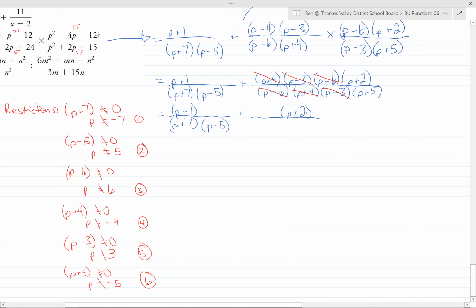Good stuff. Luckily, I have performed all of my restrictions, so I don't need to worry there. And p plus 5. Perfect. Now, all of a sudden, it doesn't seem so intimidating.